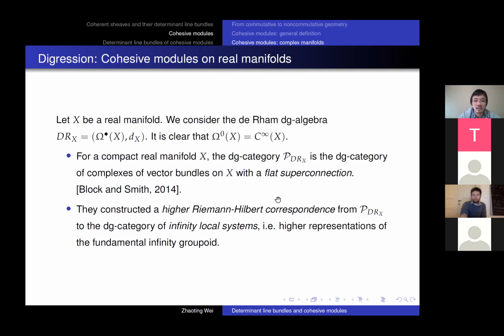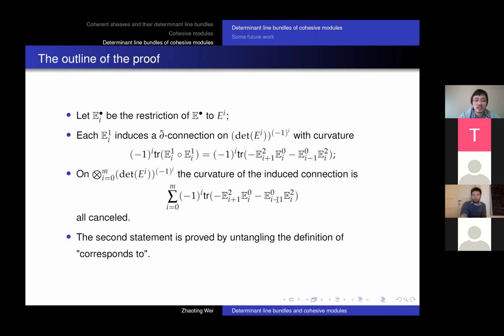So the curvature on the determinant line bundle is just given by the trace. So it's (-1)^i, because we transfer (-1)^i. It's (-1)^i trace of E^1 composed with E^1, which is (-1)^i trace of E^2_i plus 1 E^0 minus E^0_i minus 1 E^2.